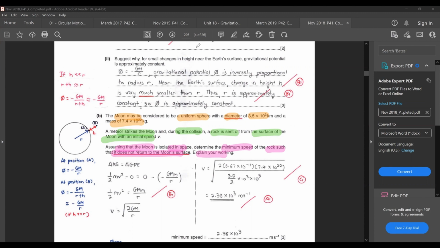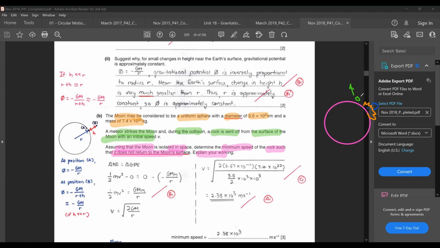Explain your working. Okay, so what the question here is basically trying to mention is that you have a moon, a meteor strikes the surface of the moon, causing a rock to be sent flying off.